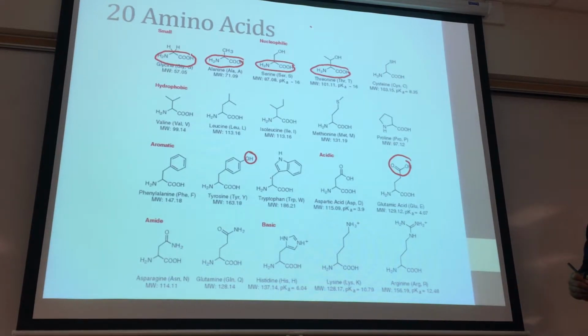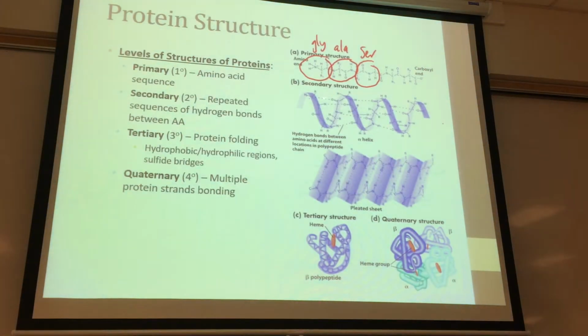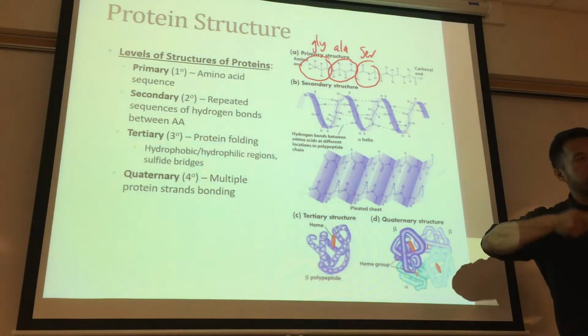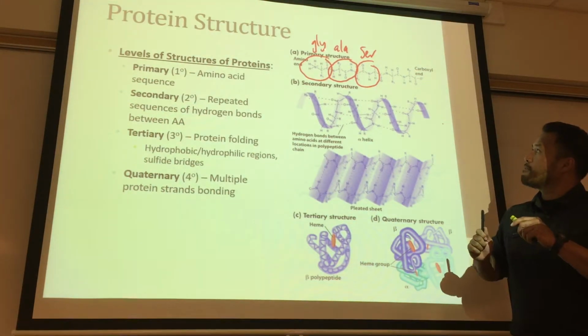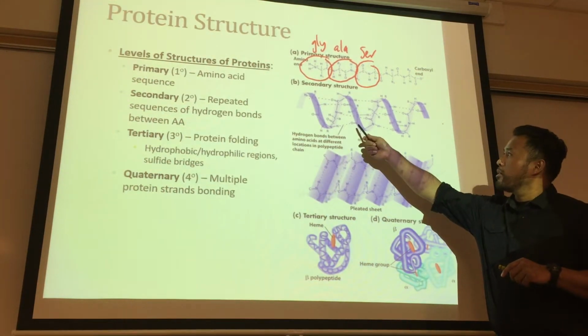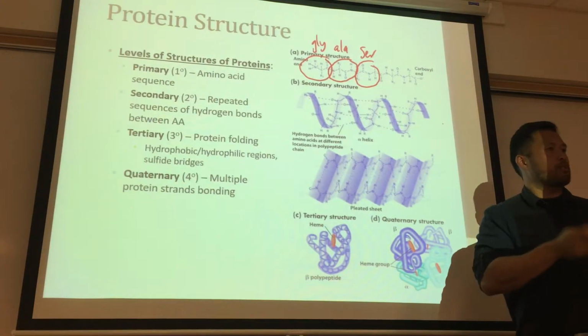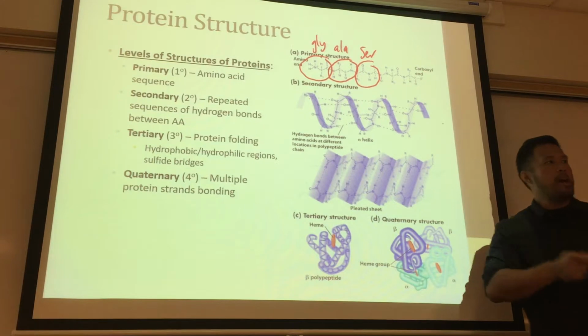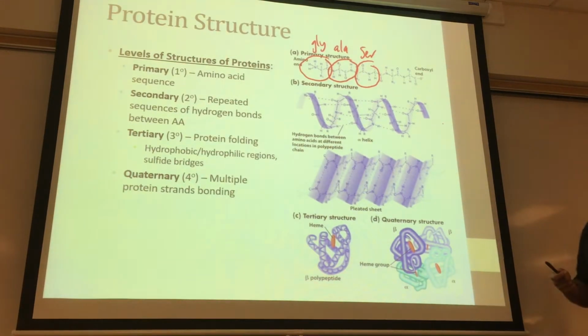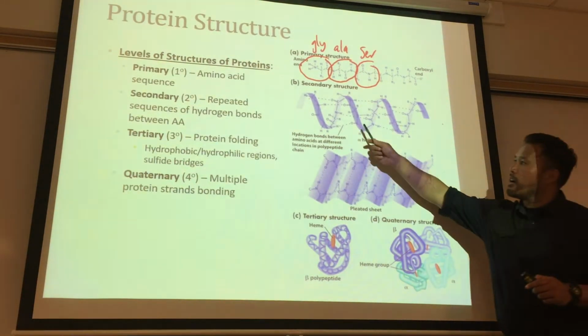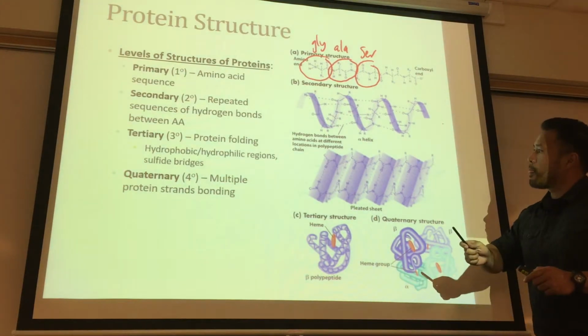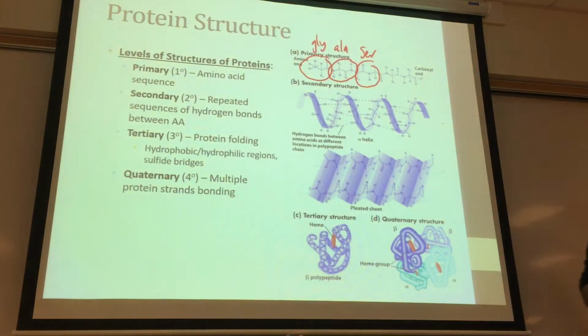Some of these amino acids can now stick together due to hydrogen bonding. In a secondary structure, somewhere along that primary structure, those functional groups will be attracted by hydrogen bonding because of electronegativity and electropositivity. When they happen in repeated sequence, you get a series of structures, which we'll talk about.